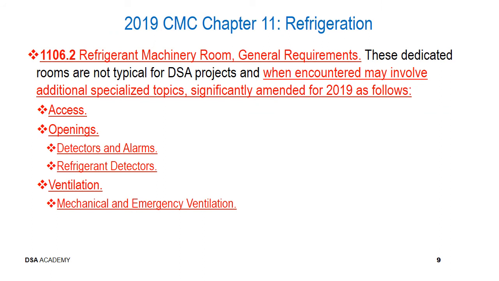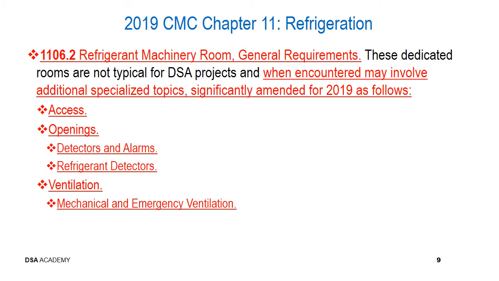In Chapter 11, dealing with refrigeration, in 1106.2, the refrigerant room requirements have been expanded, but it is worth noting that these are rare for DSA projects. Refrigerant machinery rooms, general requirements.